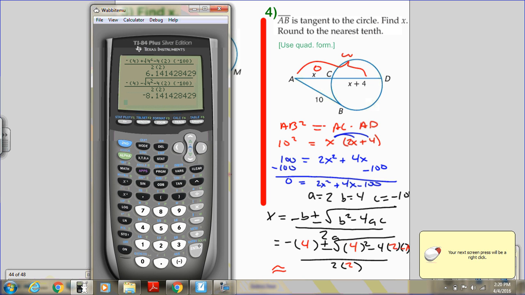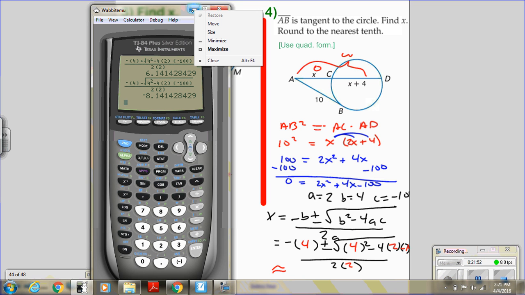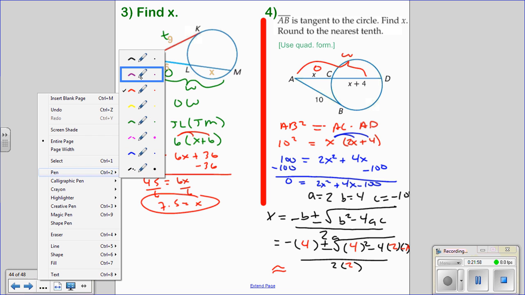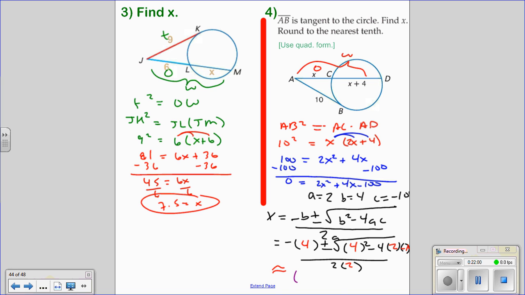So since x represents a distance, the distance between A and C, it can't be negative. So the only answer we're going to use is the positive answer. So 6.1 is the only answer we're going to use for this problem as our final answer. So x is approximately 6.1.